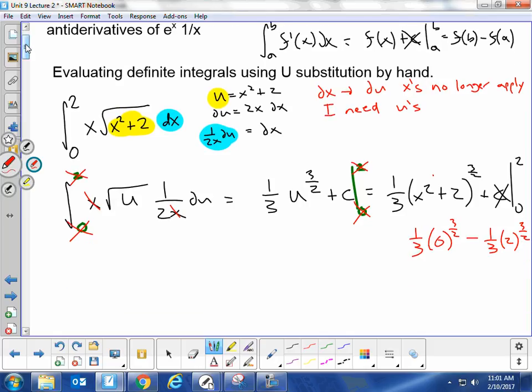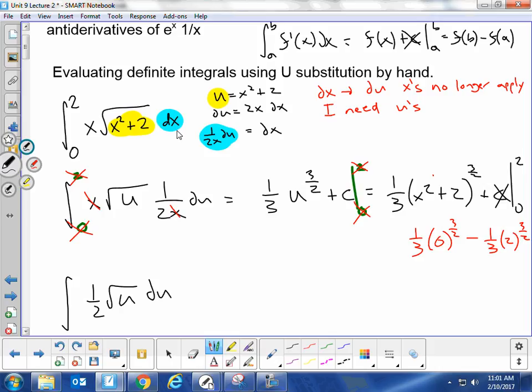So actually, to correctly write this down, I have 1/2 root u du. I can't put 0 and 2 down. They're an interval for an x-axis, which dx says that I'm having an instantaneous change in x. I'm on an x-axis. 0 and 2 are x's.